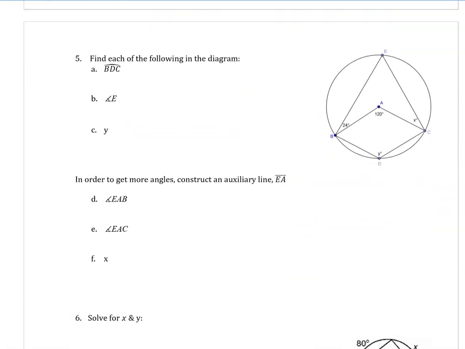Okay, now in number 5, I'll admit there's something we forgot to mention. It really should tell you that this is the diagram of circle A, so that you understand that A is the center. That is important for how we answer these questions, because sometimes you will have a point in there that isn't necessarily the center. So, our bad, it should have said that. All right, find each of the following in the diagram.